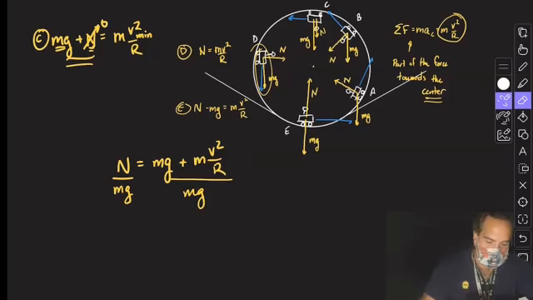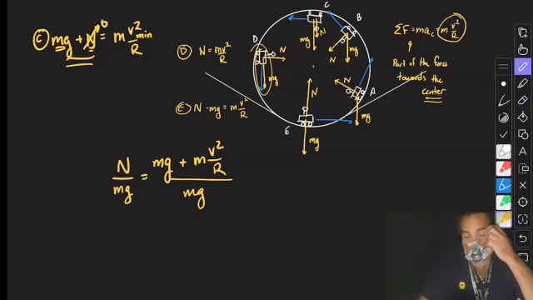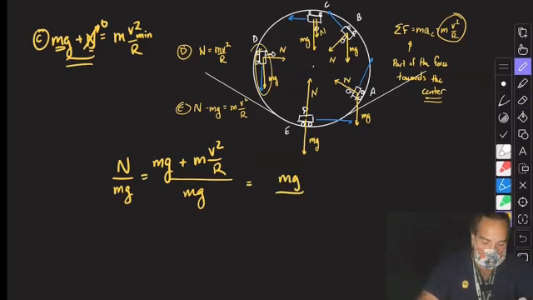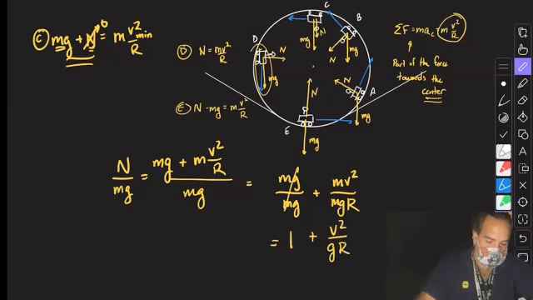Now, you had to go the extra mile then, probably, and distribute that mg and recognize that it was mg divided by mg plus mv squared divided by mgr. And then maybe, that's 1 plus v squared over gr. That's what they wanted as an answer.